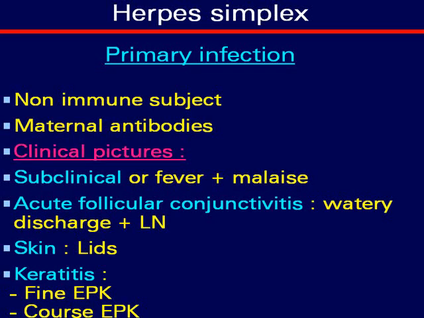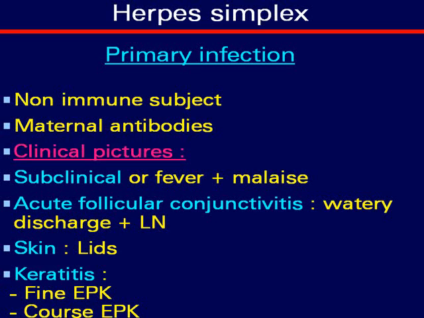In primary herpes infection, the child is not immune to herpes simplex because maternal antibodies do not cross the placenta to the baby. So the baby, when exposed to primary herpes, will have a subclinical manifestation in the form of mild fever, malaise, acute follicular conjunctivitis, and some lid vesicles.